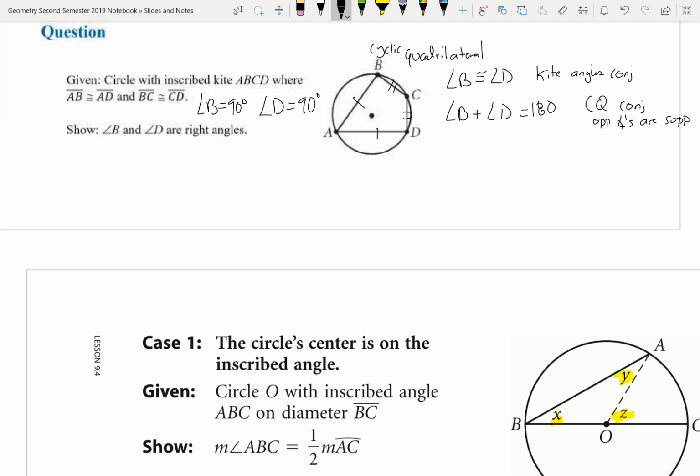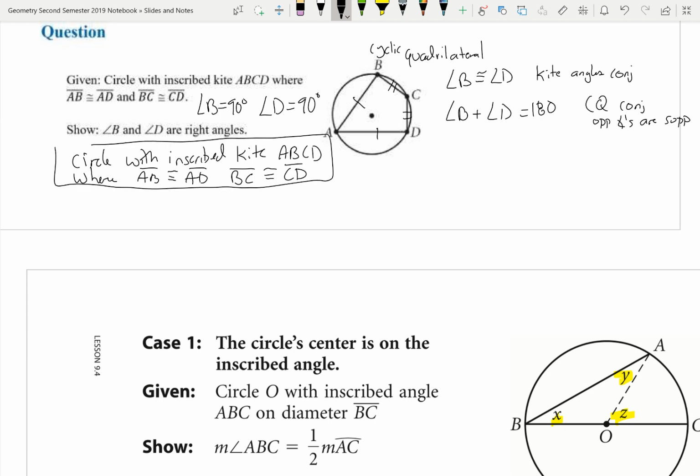Okay, so first of all, we're given a circle with inscribed kite ABCD, where AB is congruent to AD, BC is congruent to CD. And that's given.